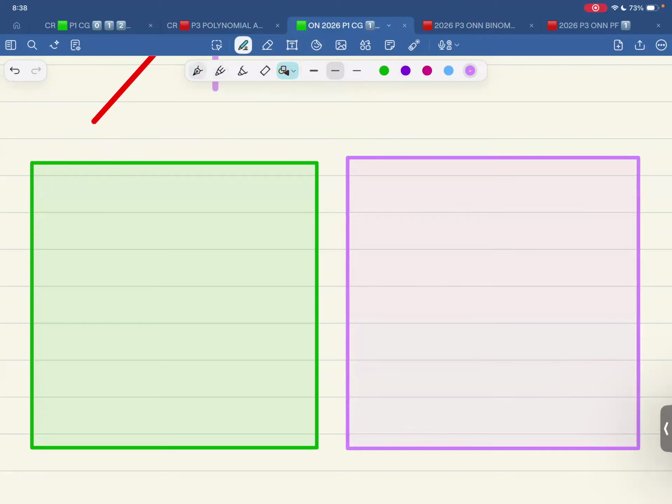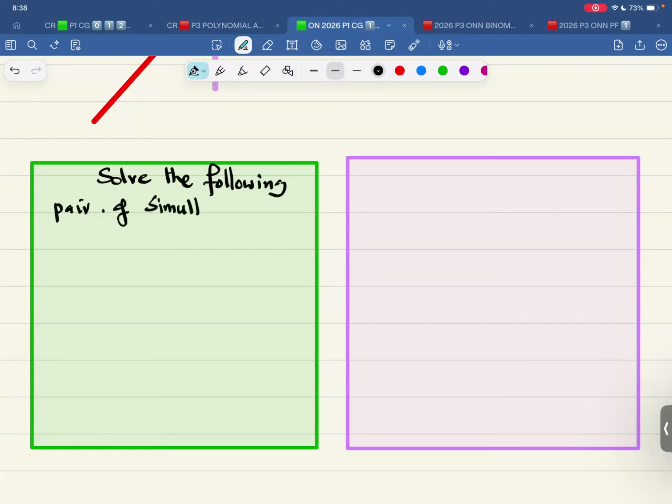Okay, now the first perspective is, if I say to you, solve the following pair of simultaneous equations. So simultaneous, instead of writing the whole words, I might write sim equations. y is equals to x square and y is equals to 2x.